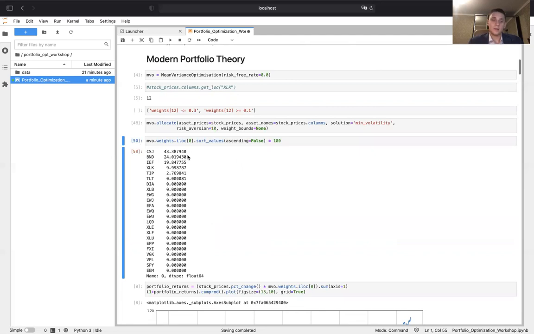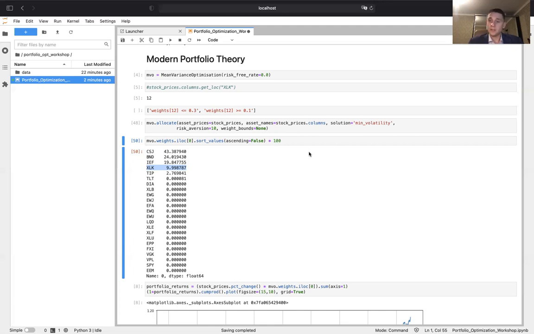Almost all our portfolio allocations are in bond ETFs, and we have 9% of XLK allocated and almost zero allocations to other ETFs. That's actually the problem we face in mean variance optimization, that the solutions are quite concentrated.